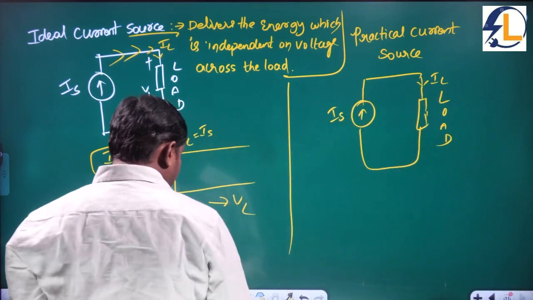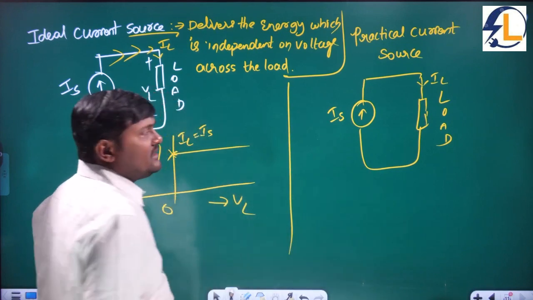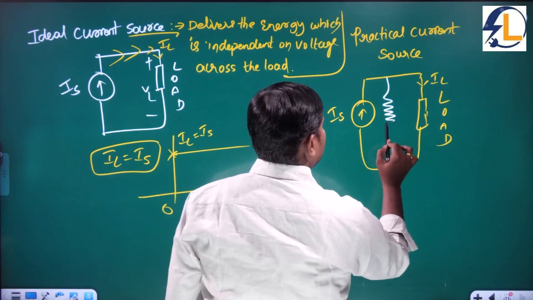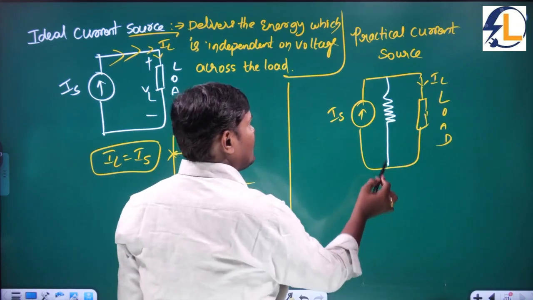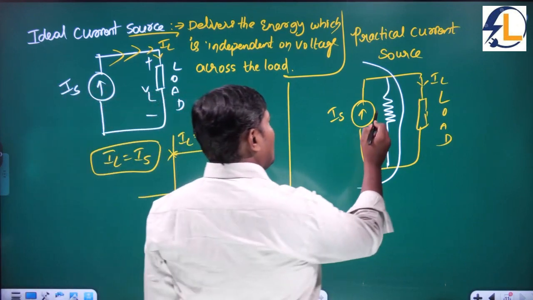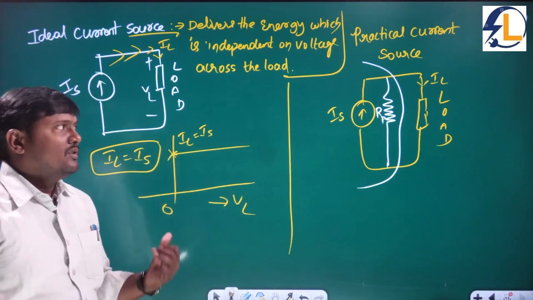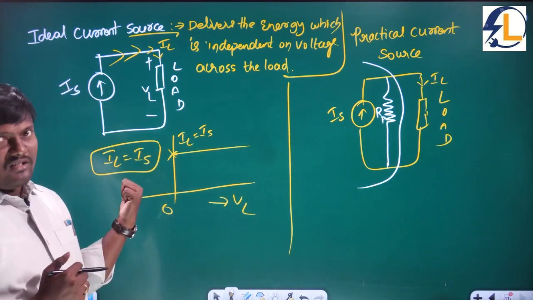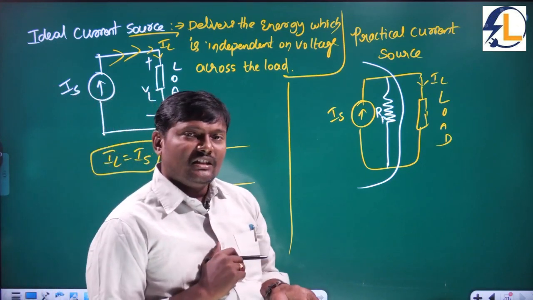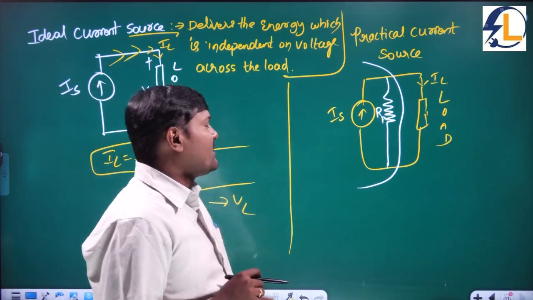In series the current is the same, but in order to decrease the current, you can connect one resistance in parallel with the source. This is called the practical current source symbolic representation, and this resistance is called RP. In order to differentiate the series resistance RS and the shunt resistance, I write it as RP here.